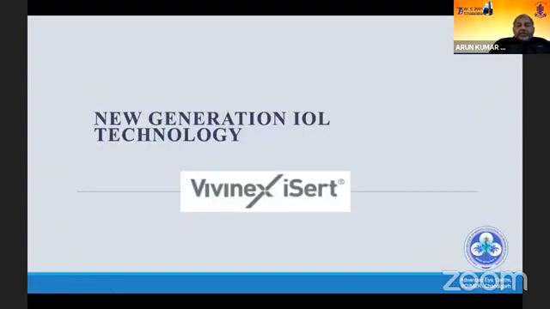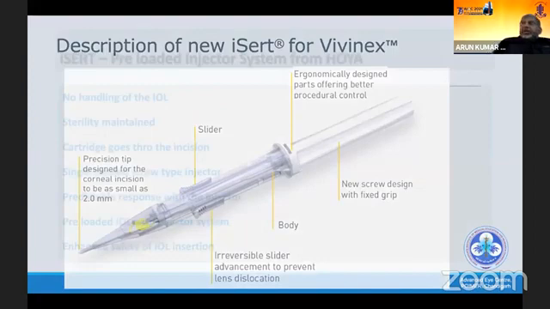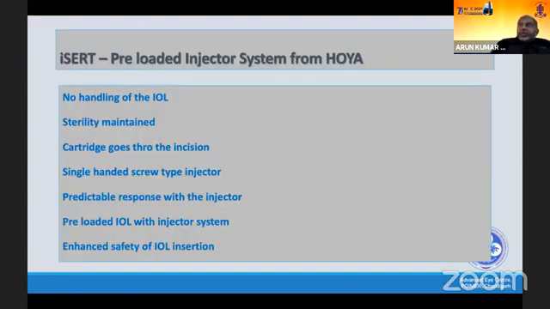Then coming to what is new, this platform is available in a preloaded cartridge, which is called the new ISET as of now. Recently, they are coming out with a much more efficient one, I'll come to that later on. The advantages of this preloaded cartridge are that there is no direct handling of the IOL.